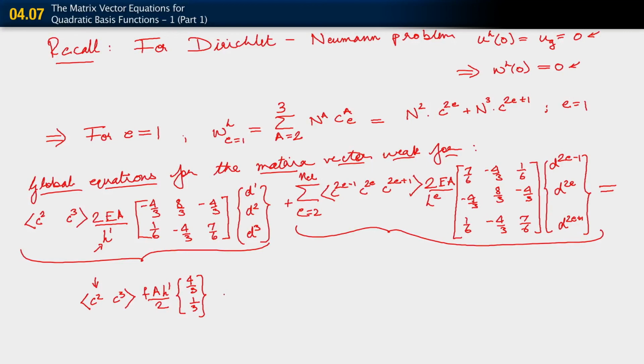We have this plus the sum over e equals 2 to the number of elements, c_2e-1, c_2e, c_2e+1, f A h_e over 2. Now we get the full form of this vector, 1 over 3, 4 over 3, 1 over 3.